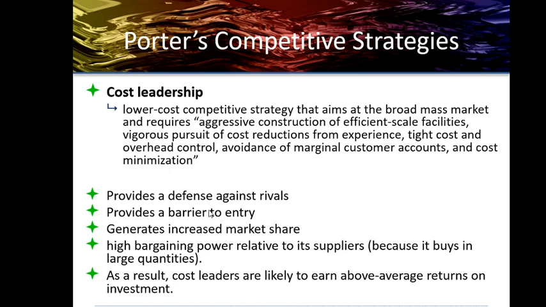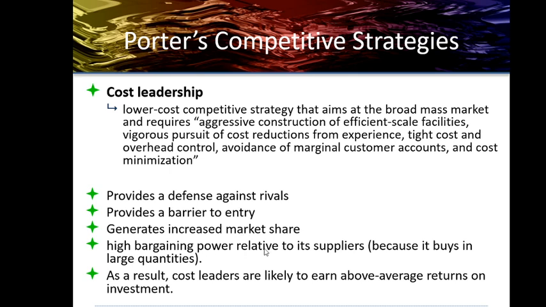And you still remember in chapter 4, we discussed the factors that will increase the barriers to entry by potential competitors. It also generates increased market share. Of course, because you are taking a wide market segment. You are using cost leadership with a wide market, then you will increase your market share.